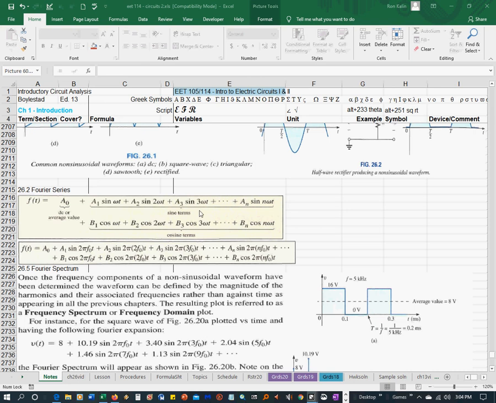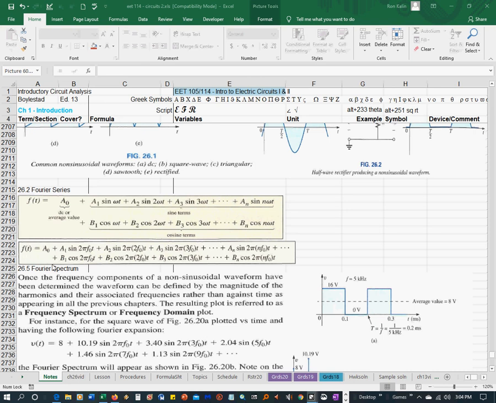This is 3 times omega here. Then it goes on until you get to n, whatever n is. N could be 2, 3, 12, whatever it is. It's how many sine terms are in the circuit. And then there could also be cosine terms, and they follow the same pattern.